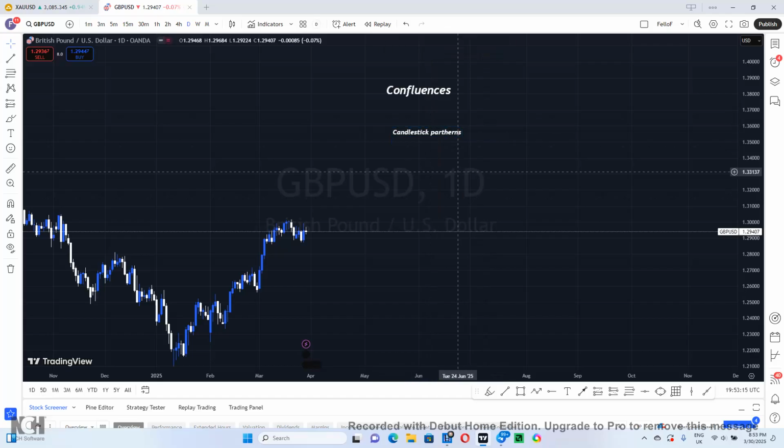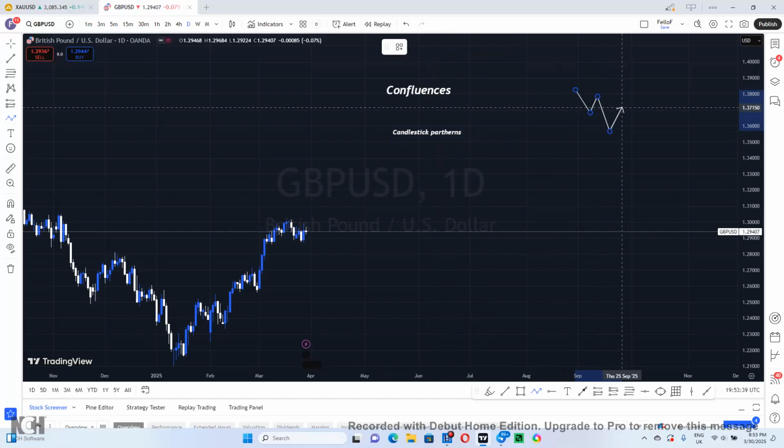Let's take, for example, price in a downtrend. Very simple. You see, price is in a downtrend, creating lower highs and lower lows.